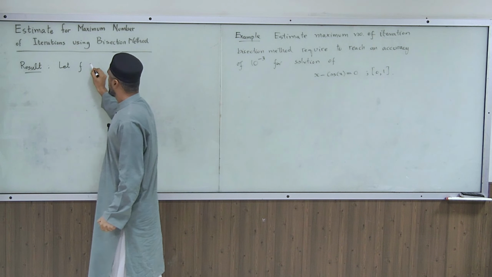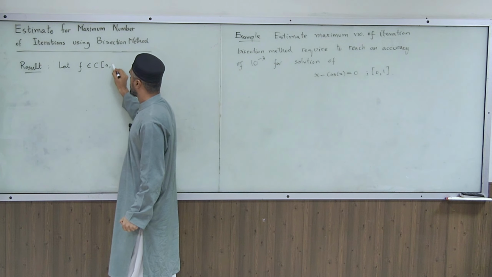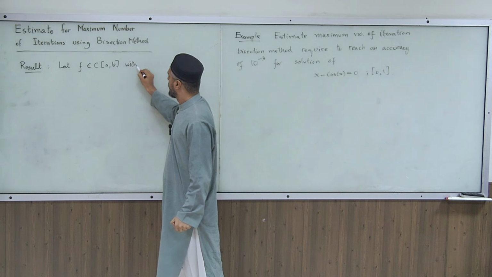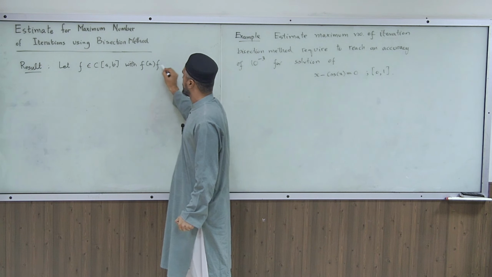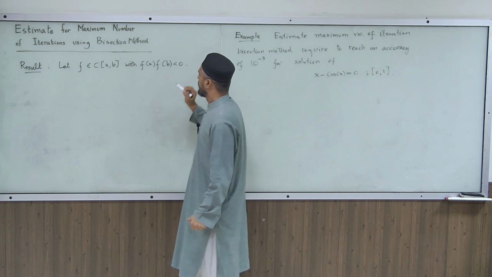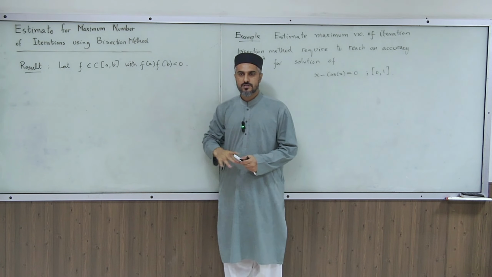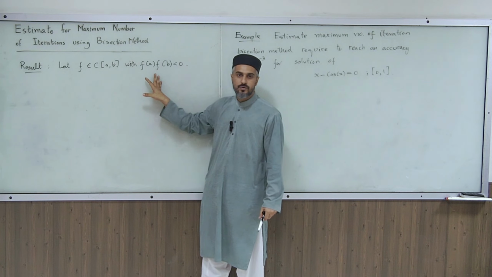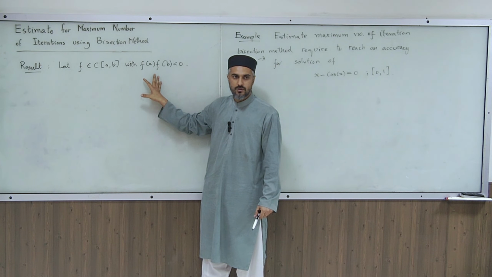Let f be a continuous function on the subinterval with f(a) f(b) less than 0. Recalling from the previous lectures, if this condition holds, then we are sure that the solution lies over where?